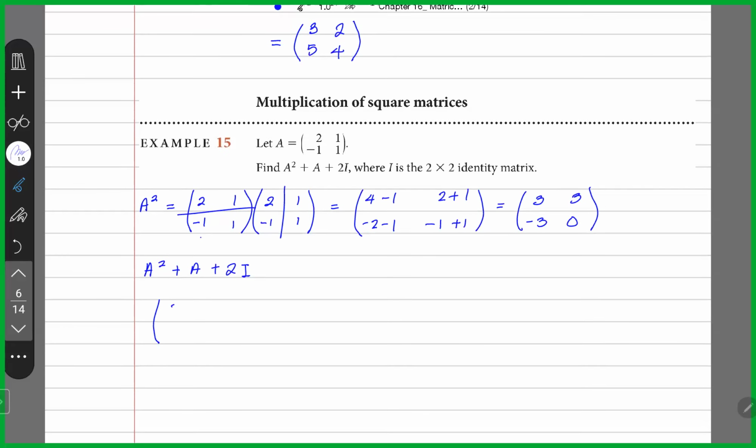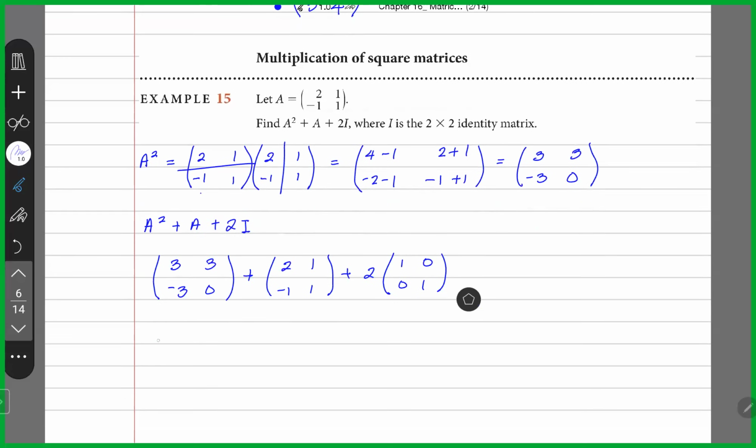A squared, 3, 3 minus 3, 0, plus A, 2, 1 minus 1, 1, plus 2 times I, 1, 0, 0, 1. All right, so our answer, we have 3 plus 2 plus 2.